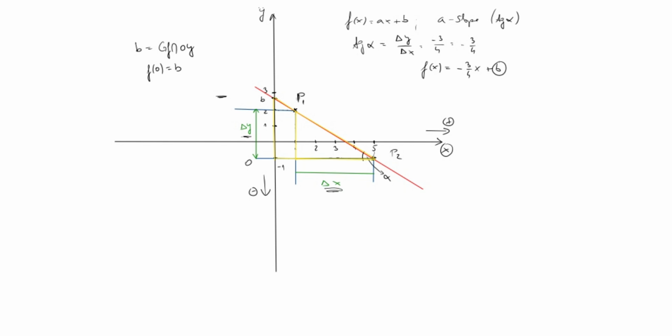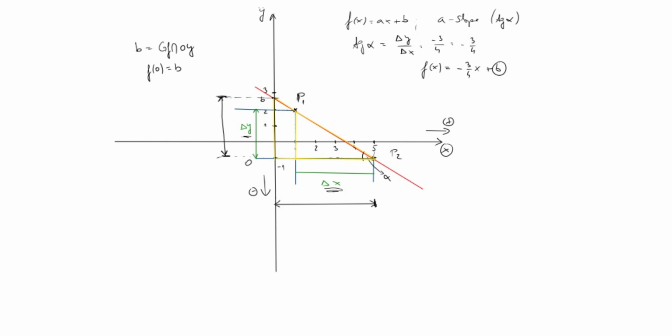So from B to the bottom of the triangle, divided by the distance from the y-axis to P2.